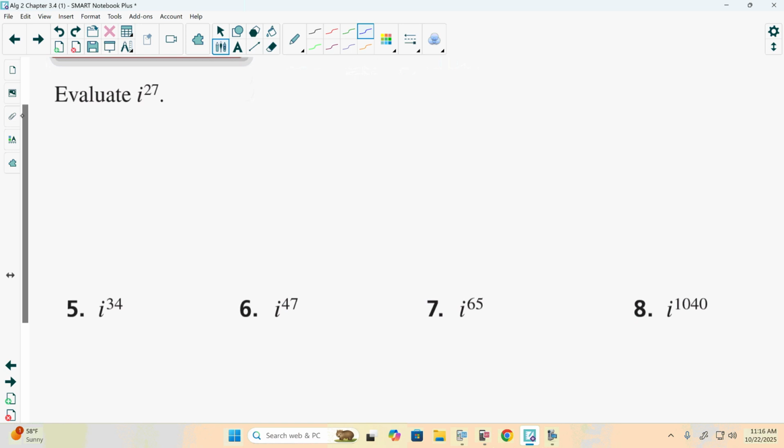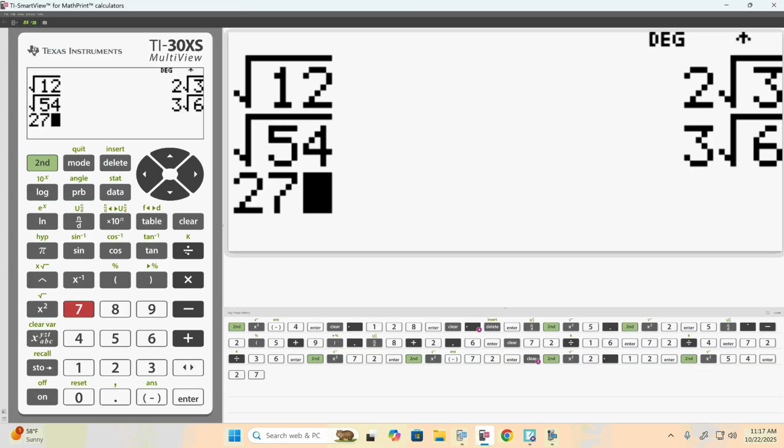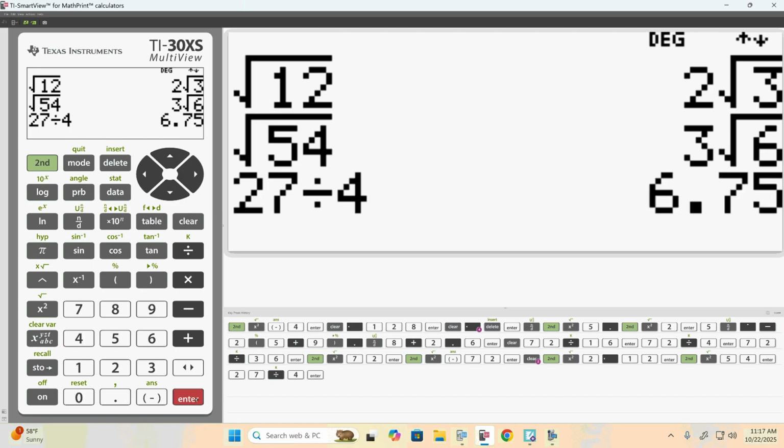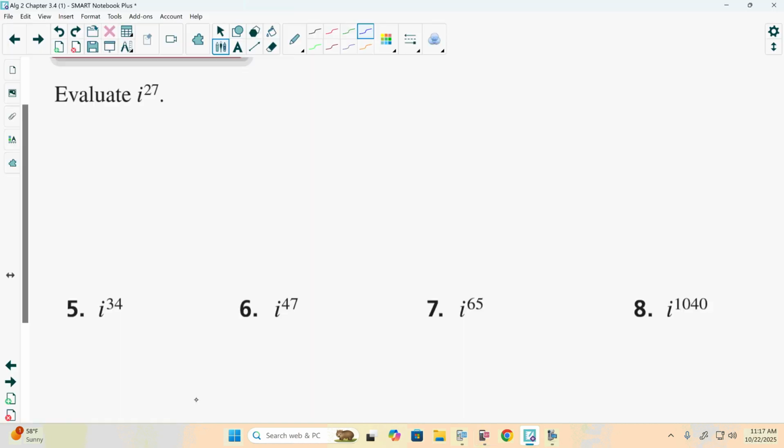So if we looked at evaluating i to the 27th, all we've got to do is take the 27 and divide it by 4. 27 divided by 4 is 6.75.